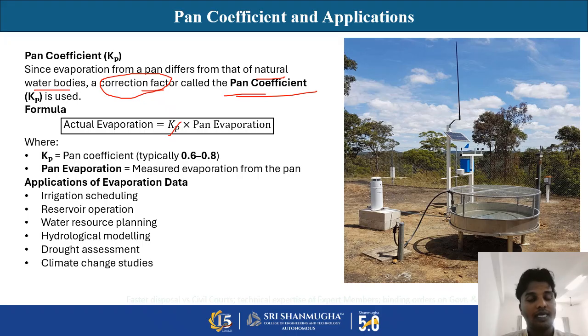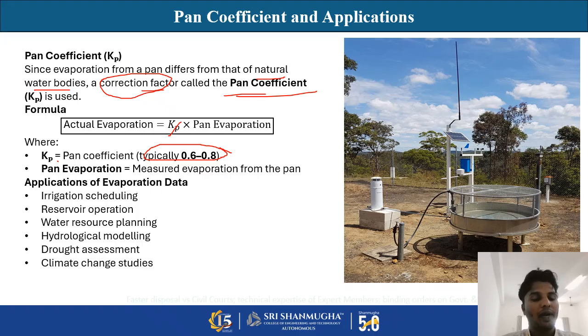The pan evaporation formula is also given in the previous slide. That is, evaporation is the water added minus the correction factor. Kp is the pan coefficient, with values typically ranging from 0.6 to 0.8. It doesn't have any unit, that means it's dimensionless.